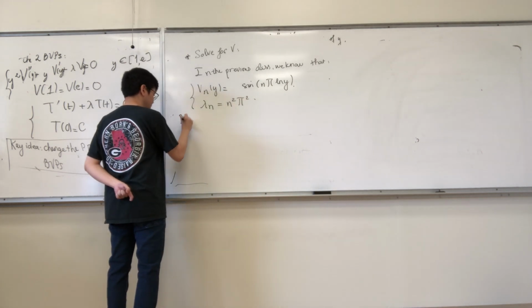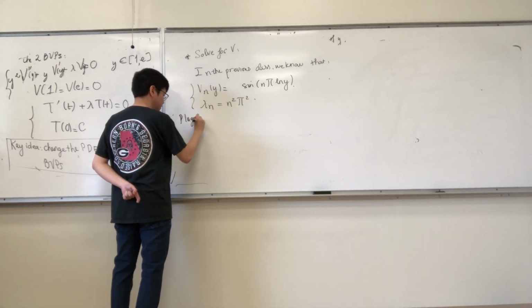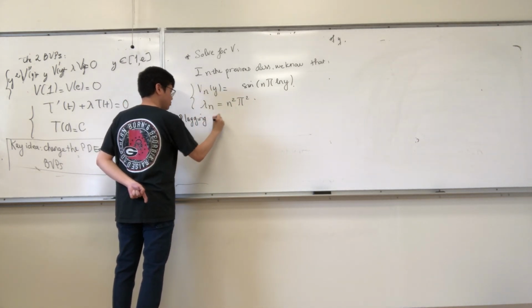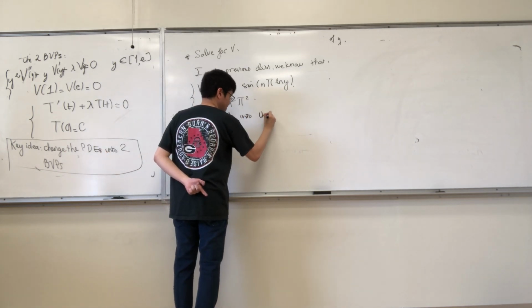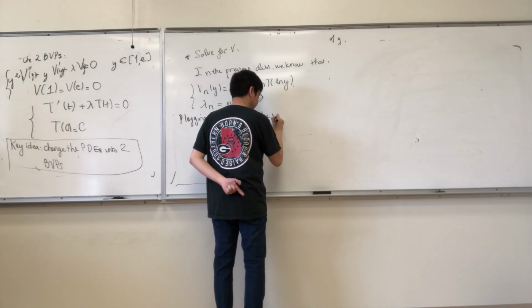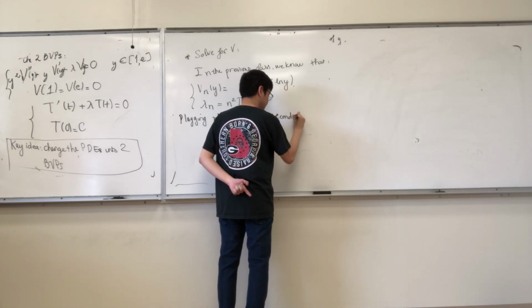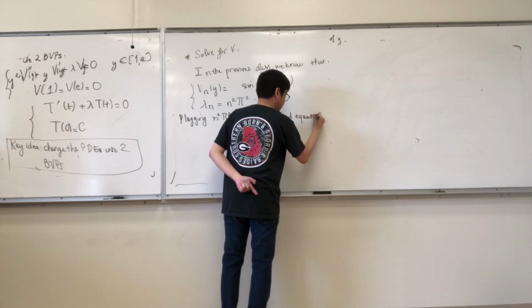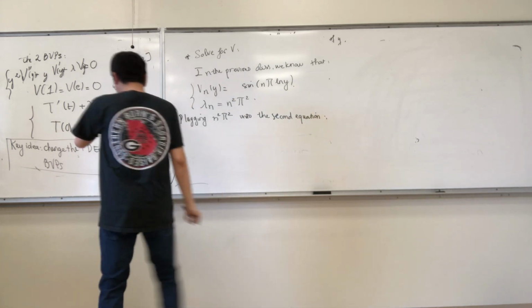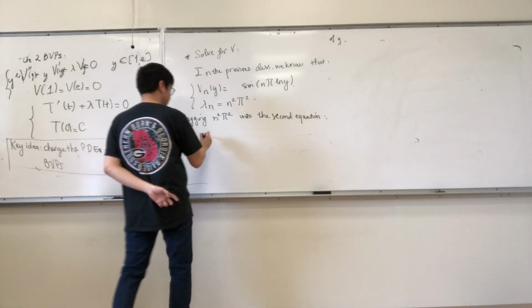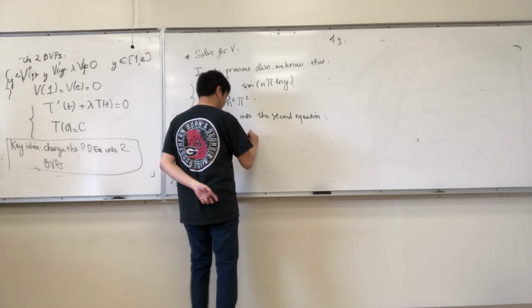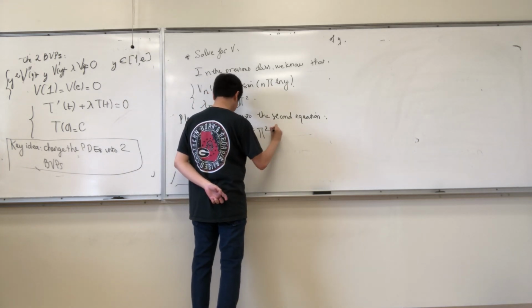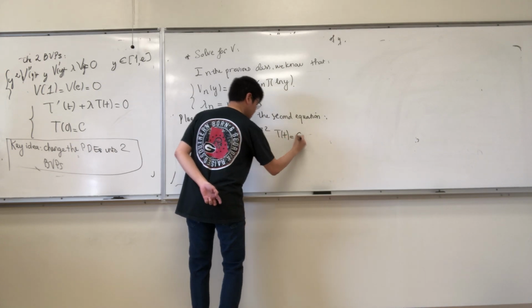Plugging n squared pi squared into the second equation, you have t prime plus n squared pi squared t is 0.